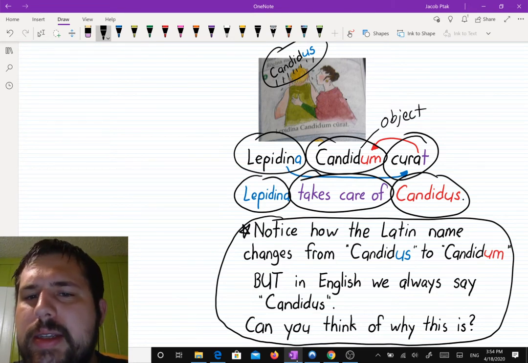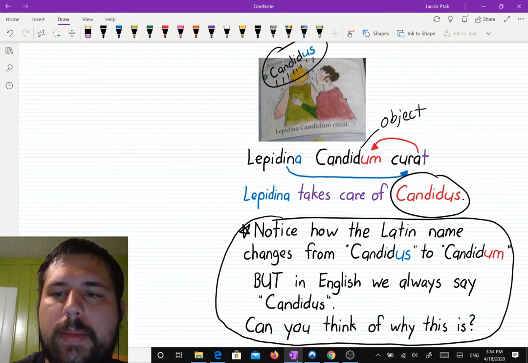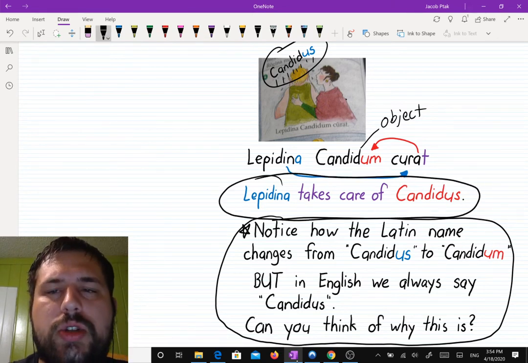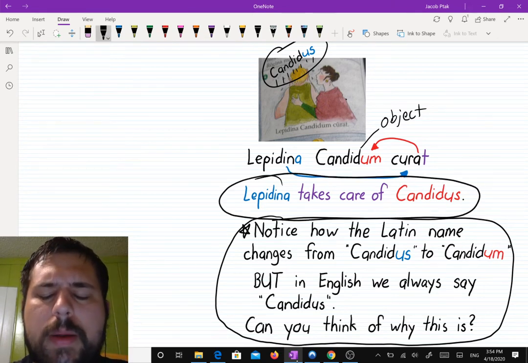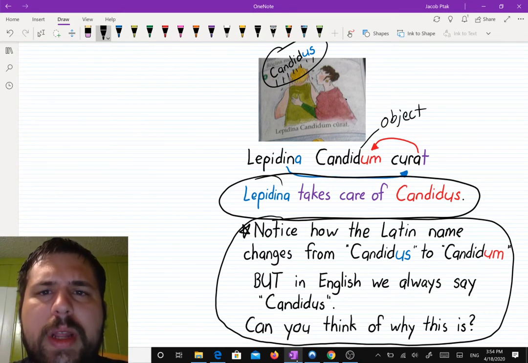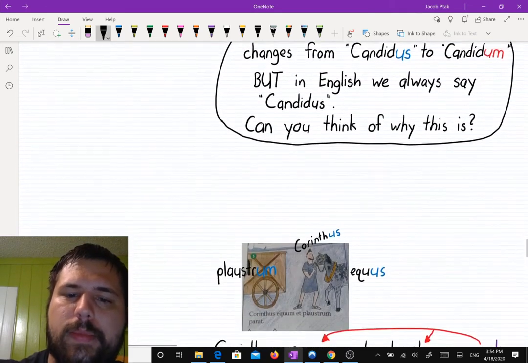What I mean is, why don't we say, in my English sentence, Lepidina takes care of Candidum? Please think about that. I want you to think about why that is. I don't want to give you the answer right now. Let's move on.